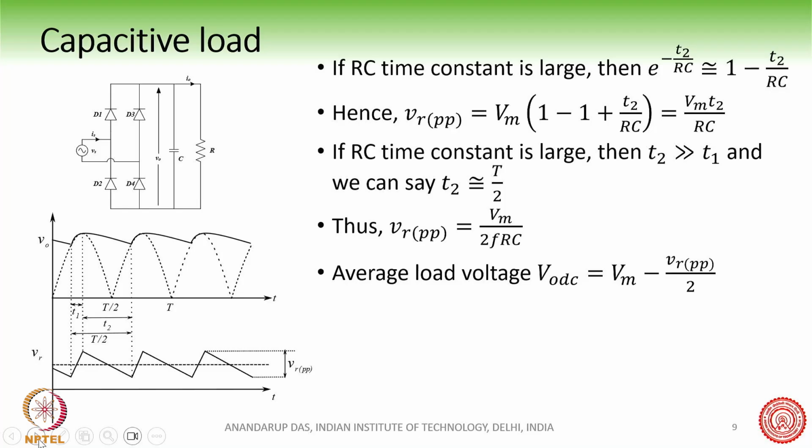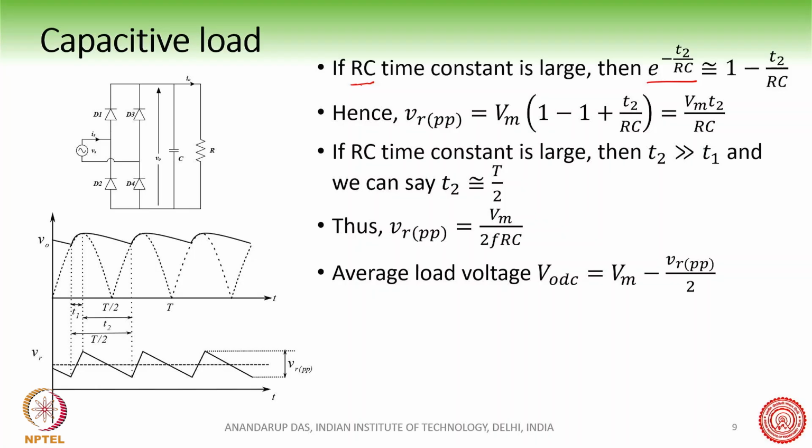So we can further simplify this peak to peak ripple. If the RC time constant is very large, we can expand e to the power minus T2 by RC, taking only the first term, the second order terms being neglected.